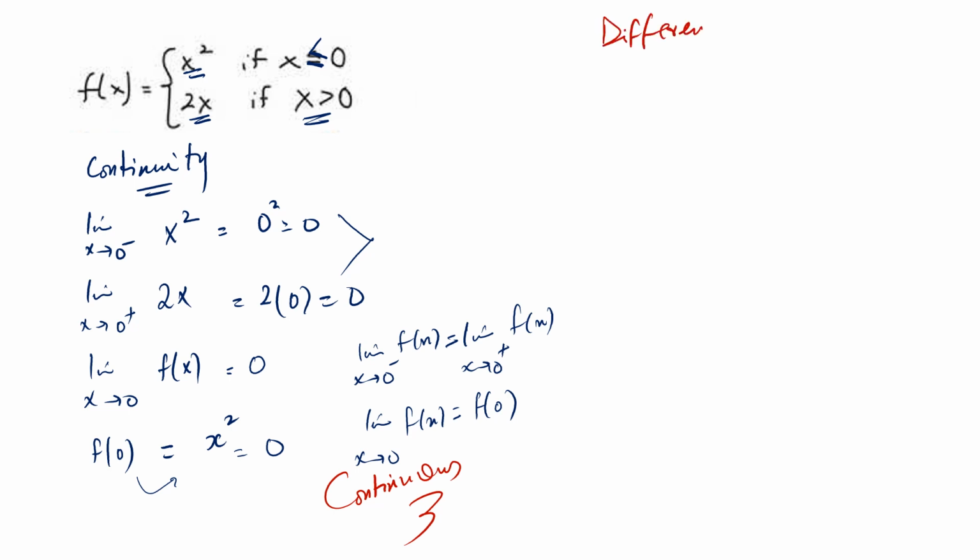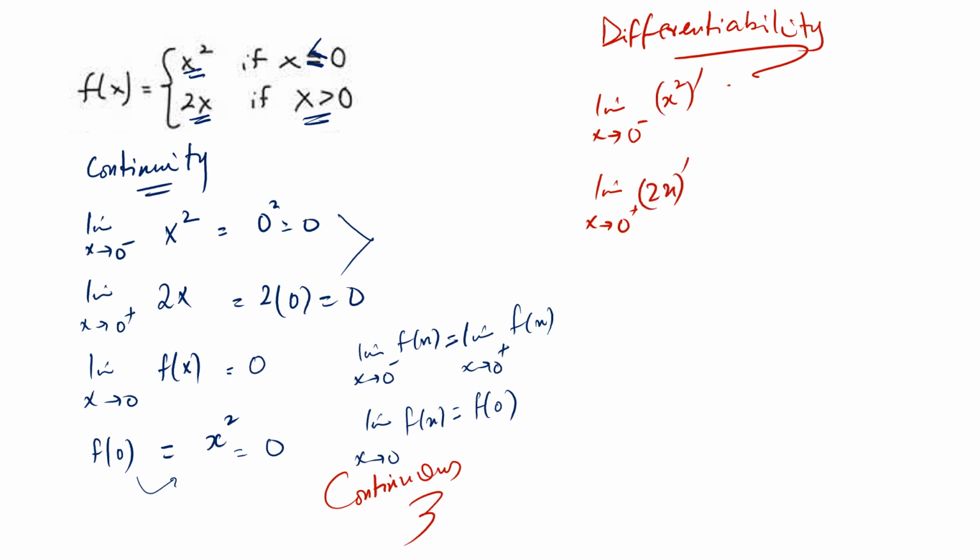And you know how we discuss differentiability? By taking the derivative from the left side and also the derivative from the right side. So left side is x square with the prime and right side is 2x with the prime.